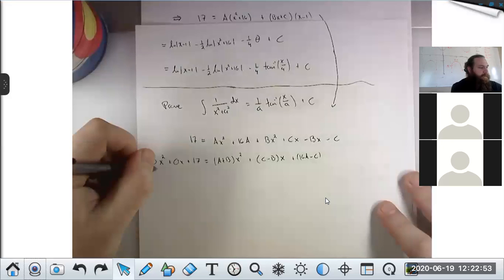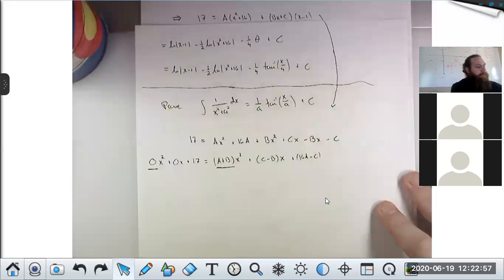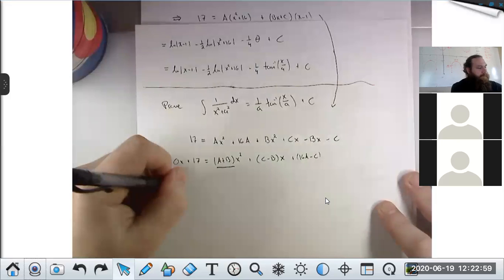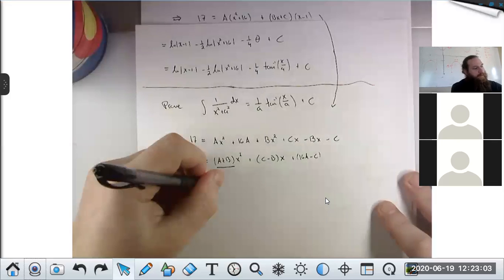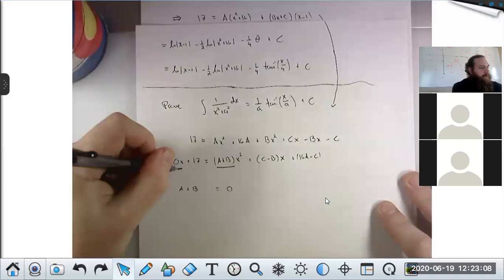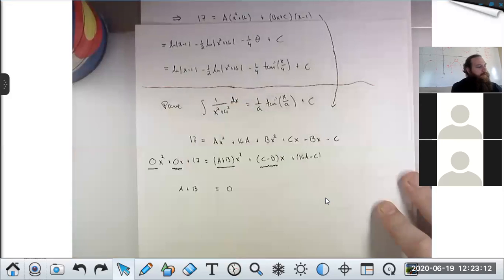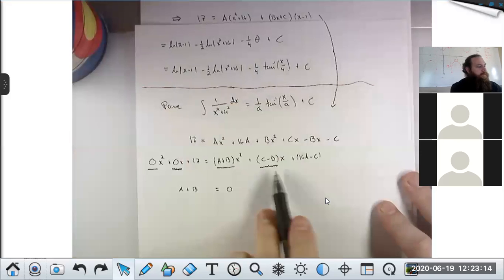So that means I set this 0 equal to this a plus b. You set the coefficient of x on the left equal to the coefficient of x on the right. I'm going to write this as negative b plus c.